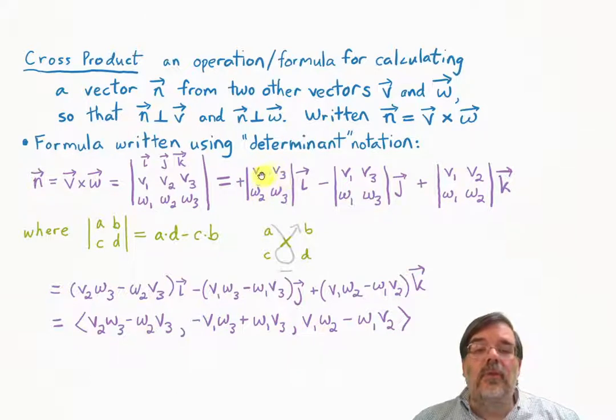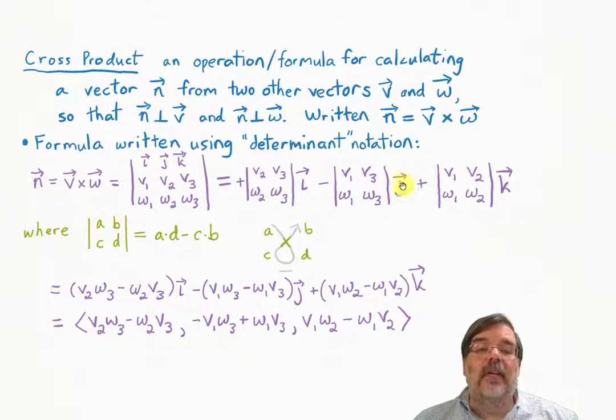The way you determine which numbers to use in front of i, j, and k, so for instance, the numbers we use when calculating the i part of the cross product, the first component, ignore the values in the column of i, and the remaining values are going to be used to calculate that number.